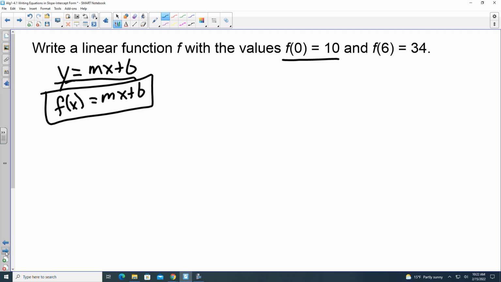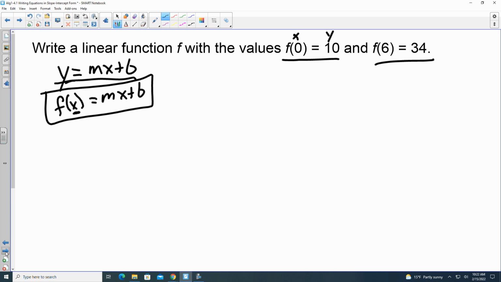So what they're saying here is this is f of 0 equals 10, and over here this is f of 6 equals 34. So what you need to understand is, since this is x inside these parentheses, this is an indicator of your x coordinate for function notation, and this would be your value for y.